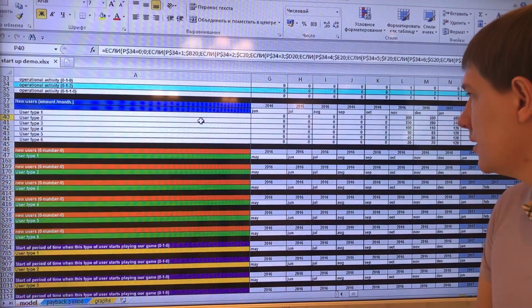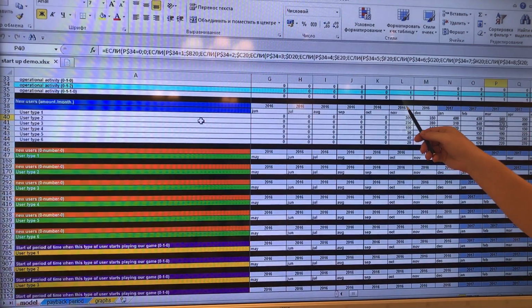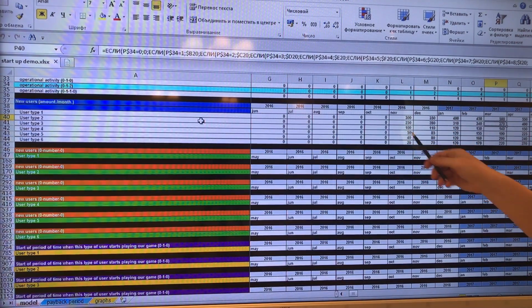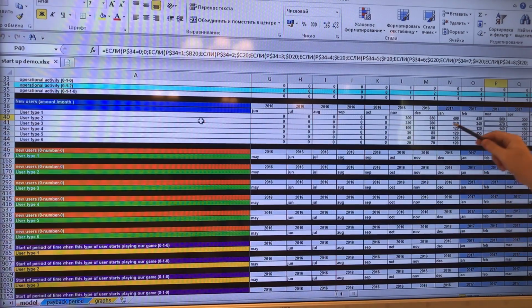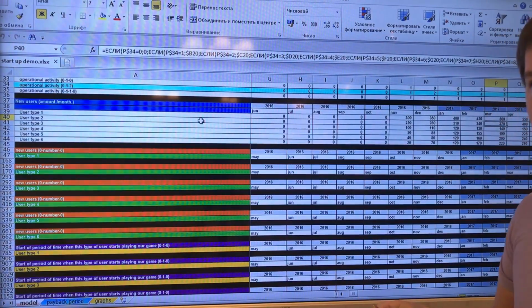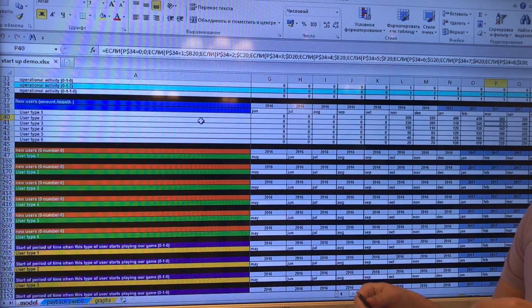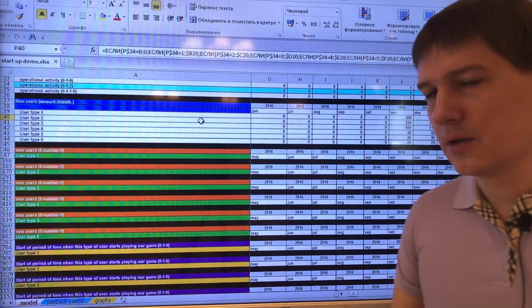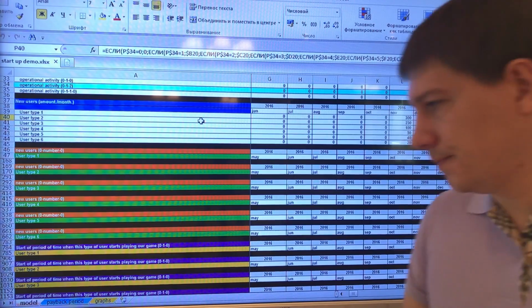And here you can see that in November 2016 we have the start of our operational activity, and we see the users that are growing. These calculations are all automatic, and you don't need to put in additional input data, so this block is absolutely automatic.